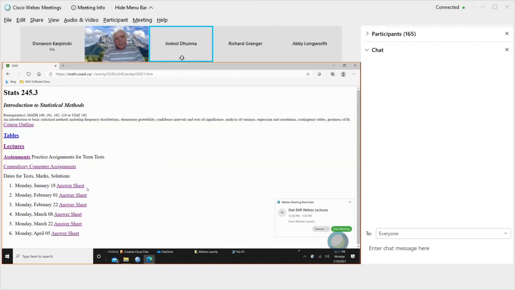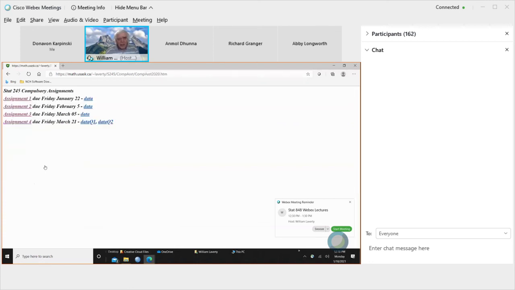I think it's like February 5th, but I can double check real quick. Anyway, the due date will be the later of the two. So here it says January 22. So that will be the due date.